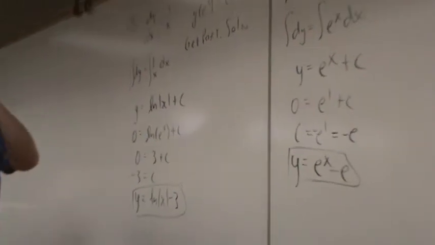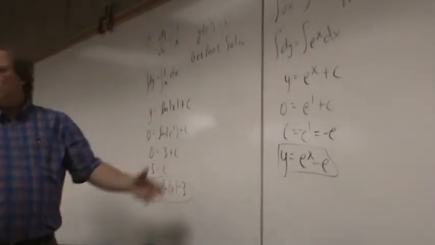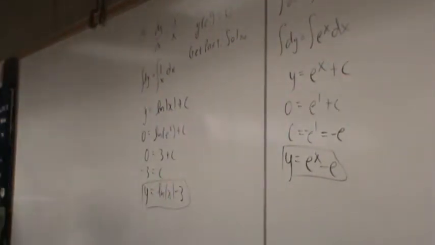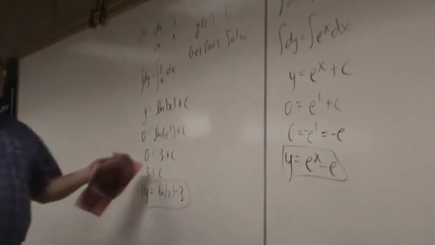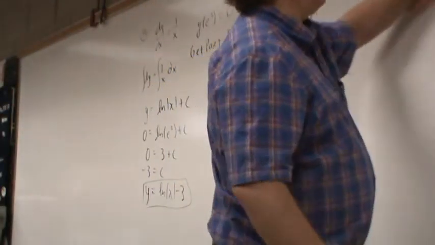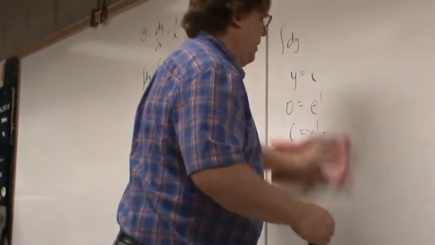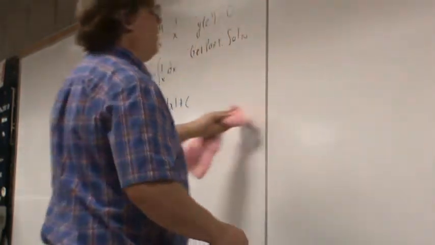Alrighty, then, on tonight's homework, they're also going to start you with the second derivative of this stuff. That'll be kind of fun. I'm not going to go through all the awful details, but I'm pretty confident that you guys will be able to figure it out.